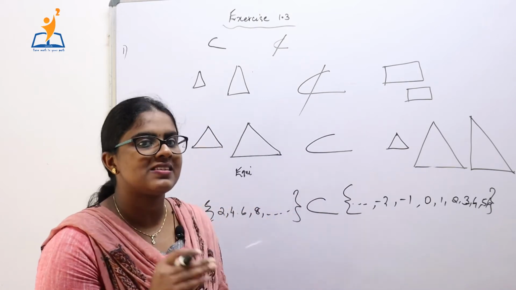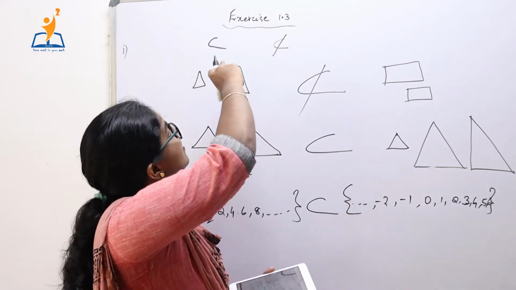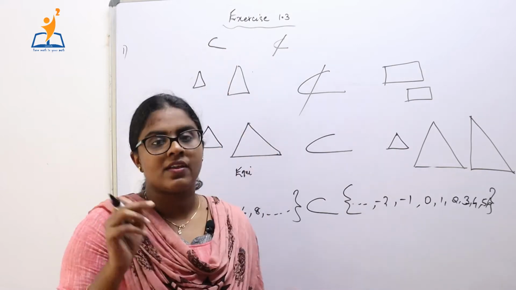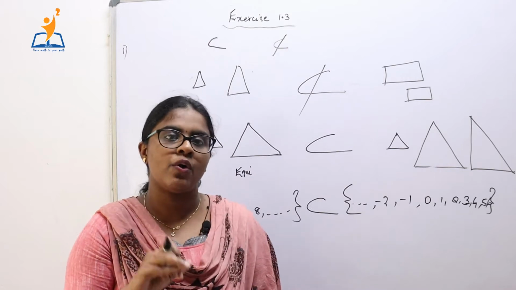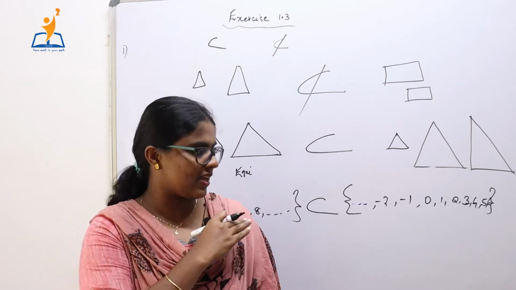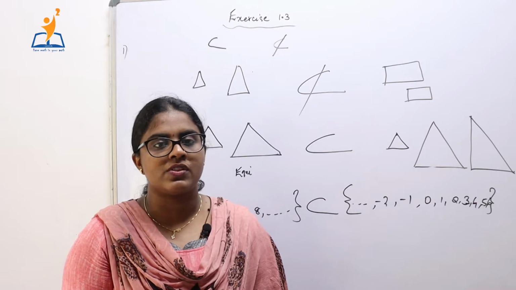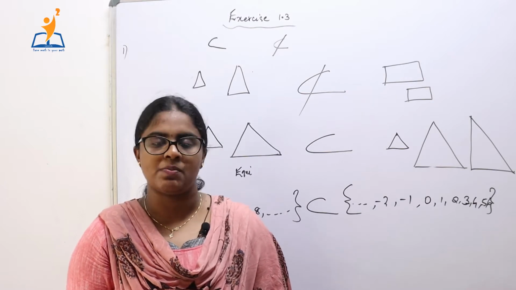So we have discussed several questions, several sets, and checked whether we have to put the subset of symbol or the not a subset of symbol in the given questions in the first question. So we shall move to the second question of exercise 1.3.